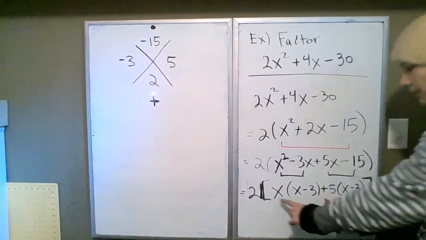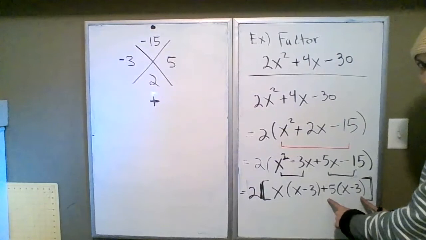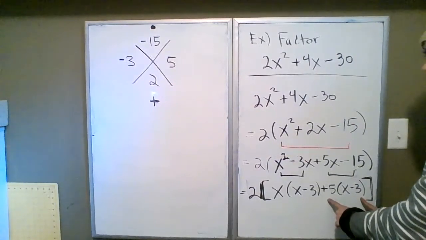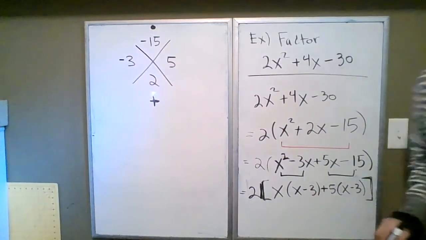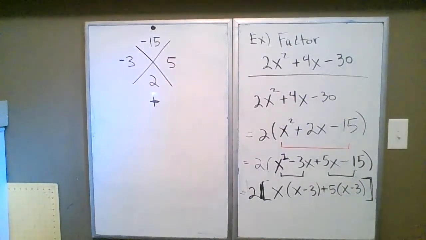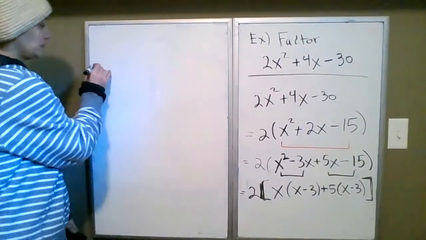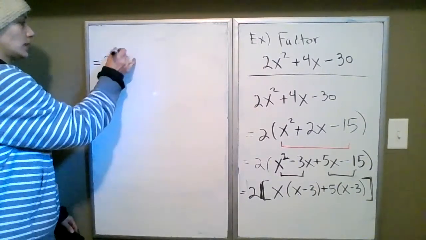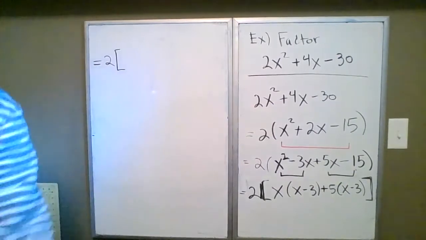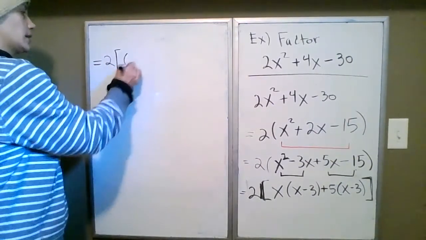So there's this first term, x times x minus 3, plus a 5 times x minus 3. So inside the square brackets, we're factoring out x minus 3. Start out with that 2. It's multiplied with, inside square brackets, we factor out x minus 3.